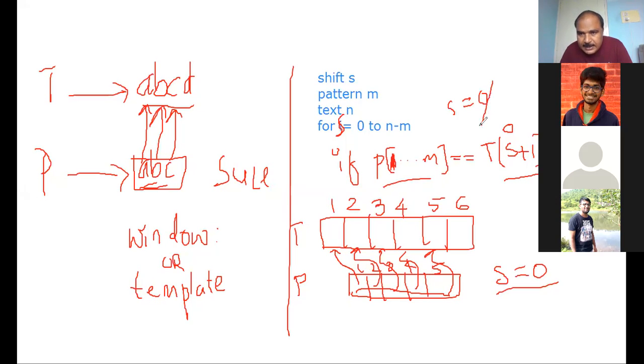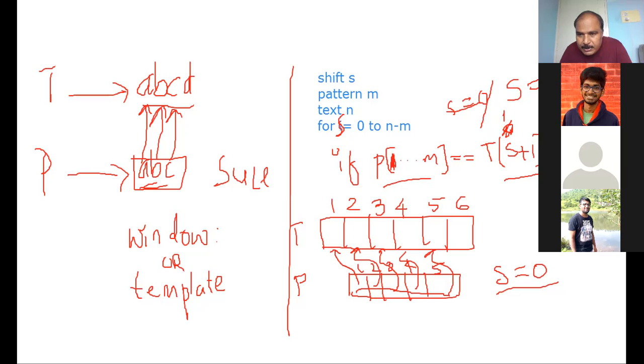Now if s is not valid, meaning you don't find a match, then s should be incremented by 1. So in that case, s becomes 1. Now see, p of 1 is compared with t of 1 plus 1.